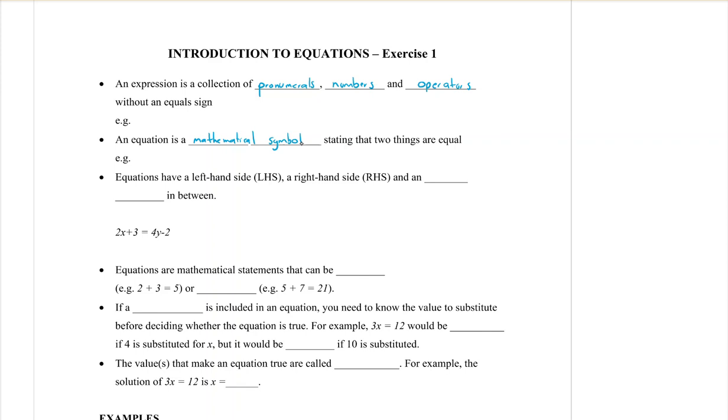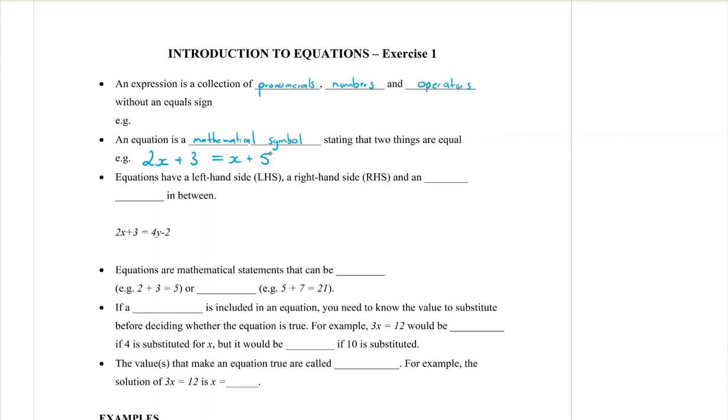For example, if I make one up here, 2x plus 3, then I have an equal sign, x plus 5. So we have the 2x plus 3 on the left-hand side. Then I have an equal sign, which is saying that it is equal to the x plus 5 on the other side, the right-hand side.